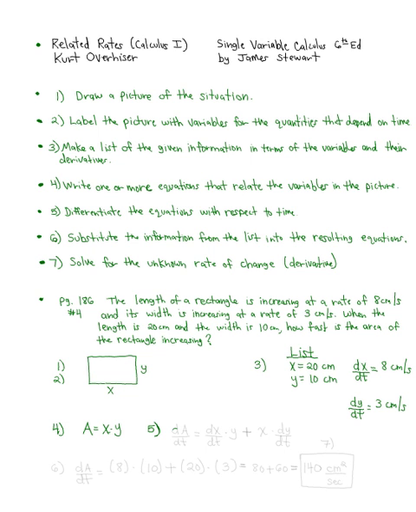So we can write down the derivative of area with respect to time is going to be equal to dx over dt times y, plus, we have to put a plus in here because we're using the product rule. Next, we're going to take x and multiply it by dy dt. So that's the end of step 5.